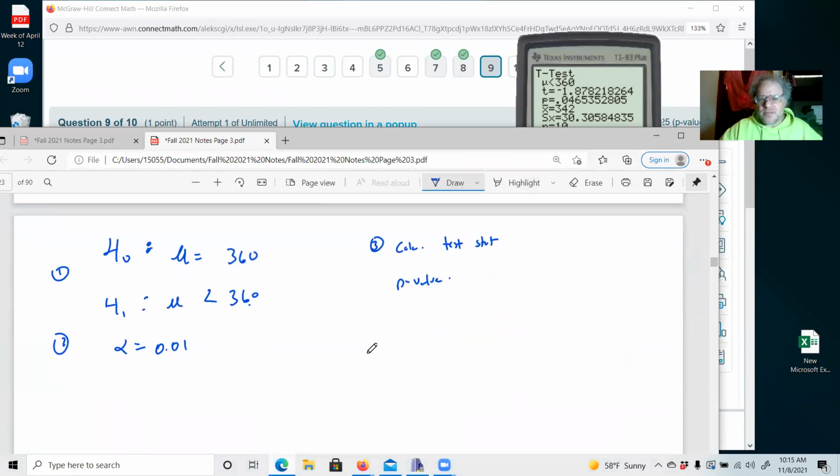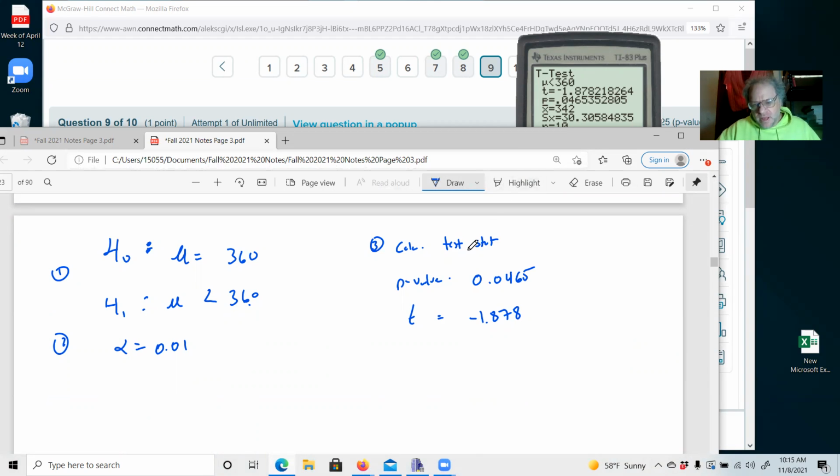So our test statistic equals negative 1.878. Okay. Our p-value was 0.0465.